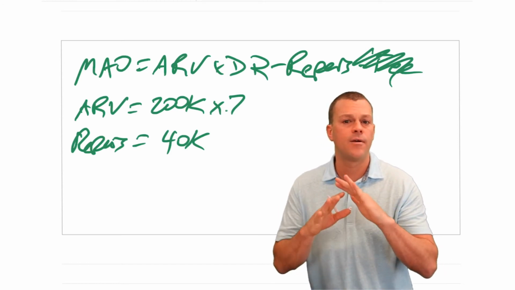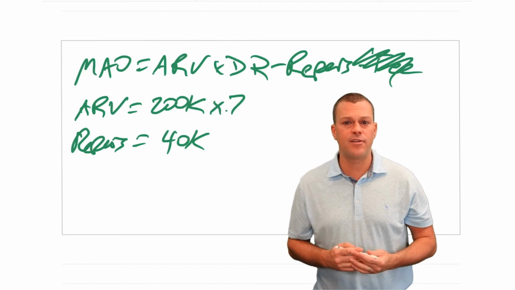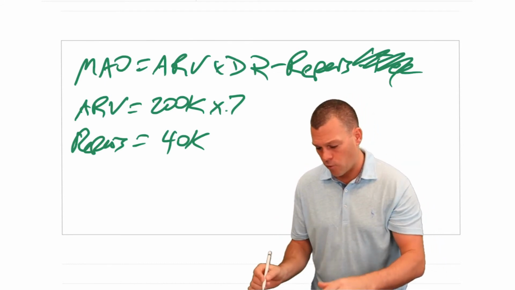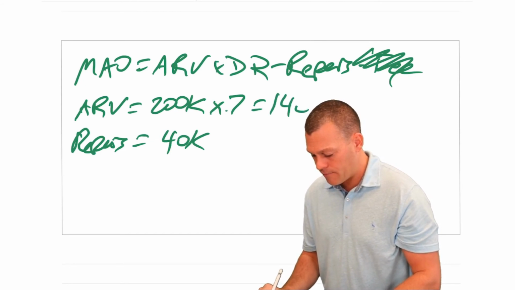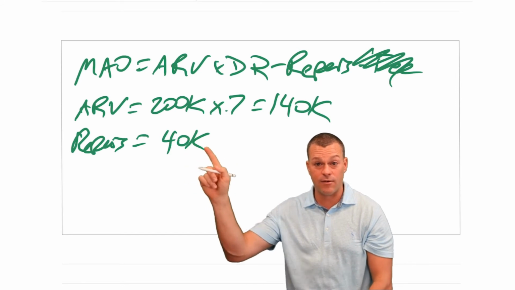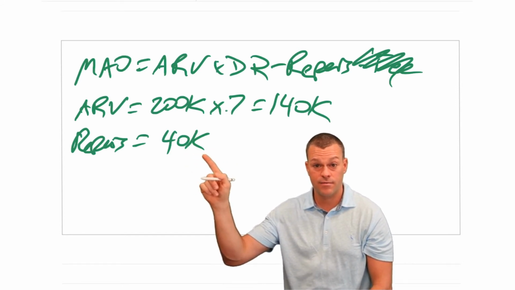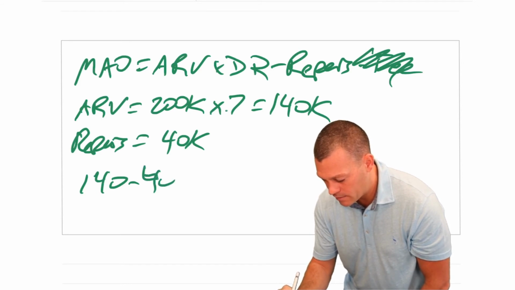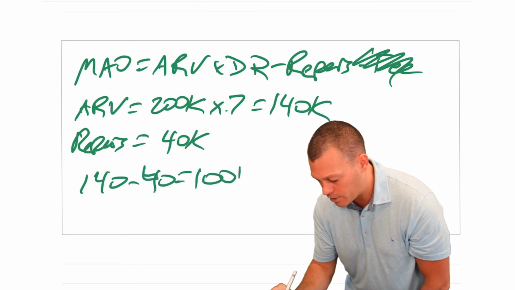In this scenario, it will. So 0.7 of 200 would be 60K off, so that'd be 140,000. So we'd be at 140K. But then we have to subtract out this 40K right here in repairs. Okay? So next we would have 140 minus 40, and that's going to essentially equal $100,000.